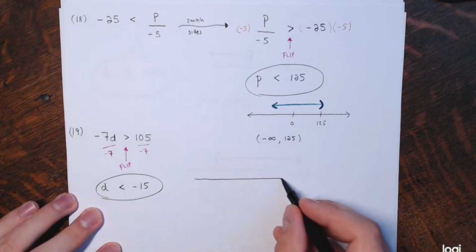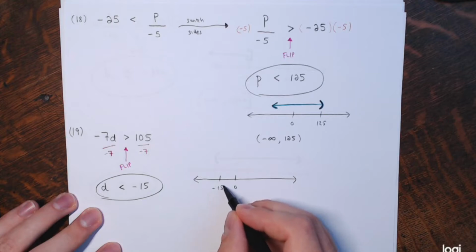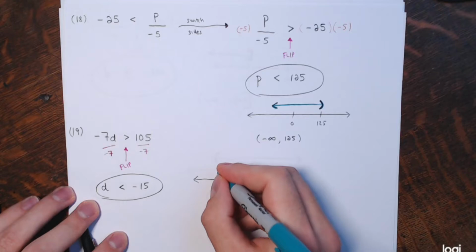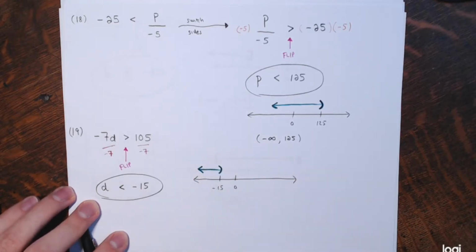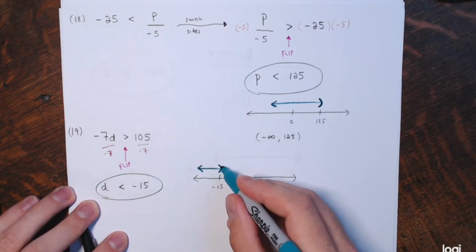And we're graphing. All right, now negative 15 would be to the left of 0. Say it's there. And our solutions are all the numbers less than negative 15. But not equal, right? So parentheses on the negative 15 to indicate that negative 15 is not a solution, or an open point.